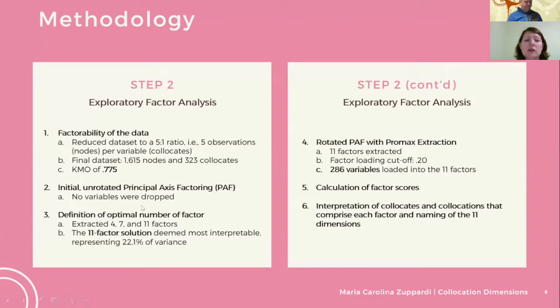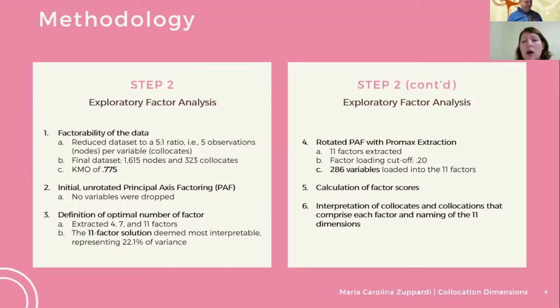I ran exploratory factor analysis and extracted an 11-factor solution that was the most interpretable, representing almost 22% of variance. If you think about factor analysis, it's not high variance, but it is in line with all of the other lexical and collocational multidimensional analyses that have been done in the literature.